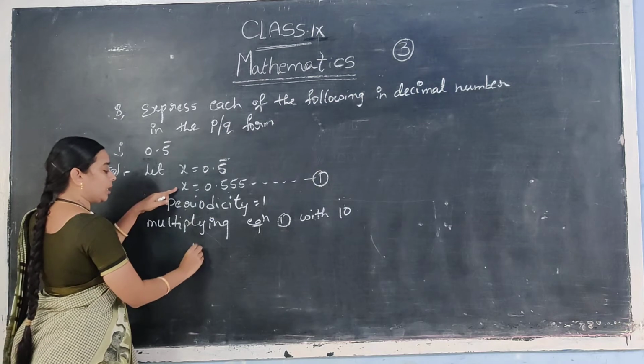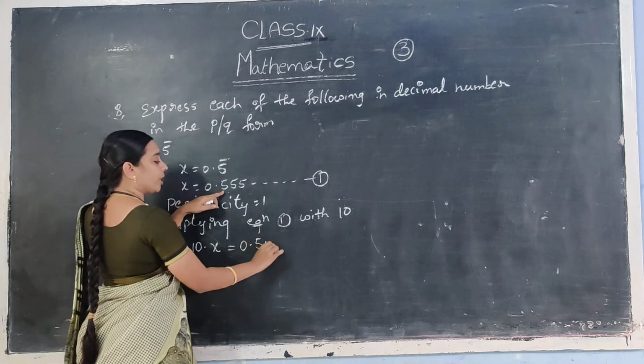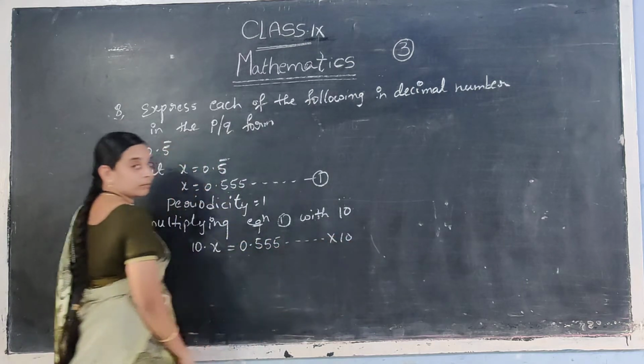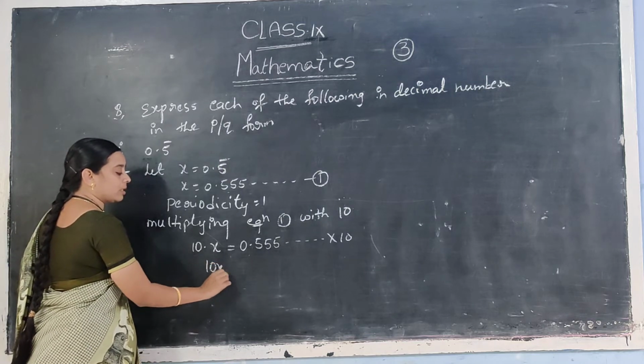So multiply here: 10 into x is equal to 0.555 and so on multiplied with 10. 10 into x is 10x.